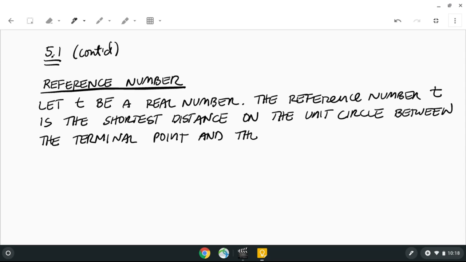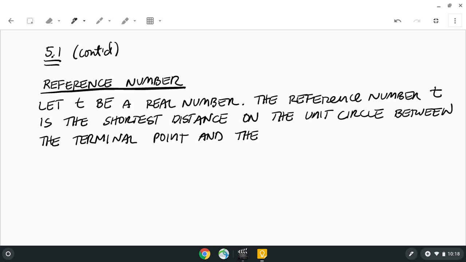And I will draw you a visual. So it's the shortest distance between your terminal point and the horizontal axis.